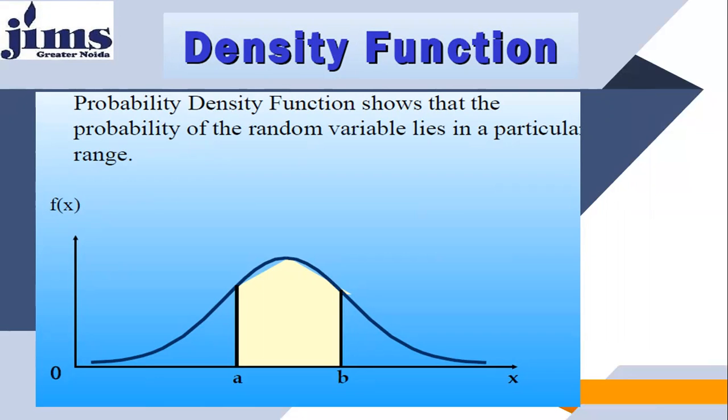The density is between A and B for that random variable. So the existence of that small x is to be found between A and B, and fx is the density function, right? So this graph shows that x lies between A and B.